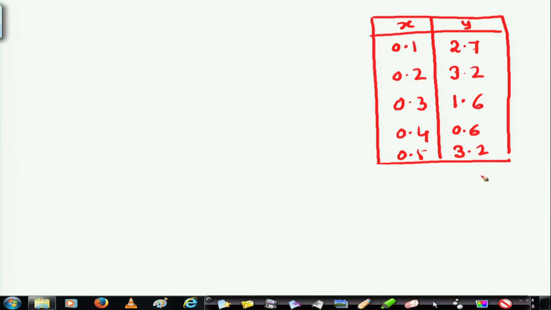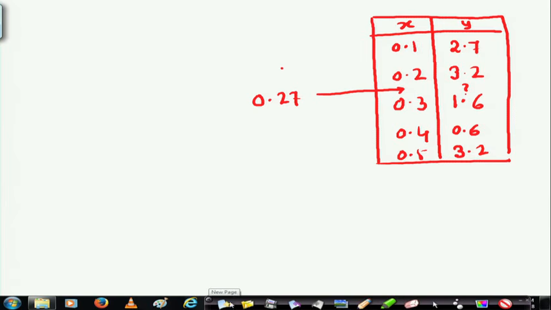Now, if this be the table, then my question is, for interpolation, what is the value for x which is 0.27? What is the value of this? So, that is the task of interpolation.